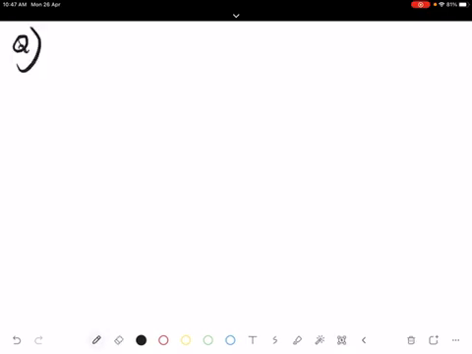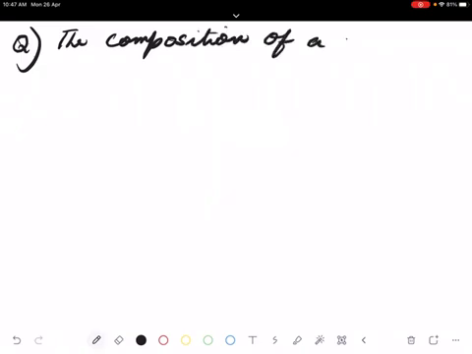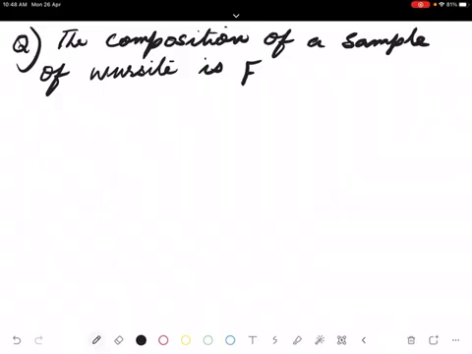Another question. The composition of a sample of wustite is Fe0.93O1.00.